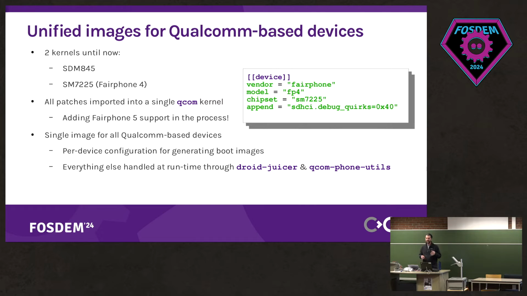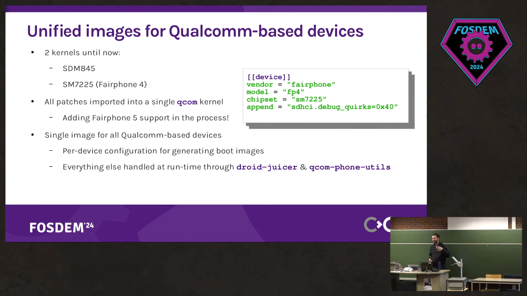But for now, we have a single kernel which handles all the SDM845 devices, OnePlus 6 and so on, the Fairphone 4, which has a different chip, and also the Fairphone 5, which has another different chip.